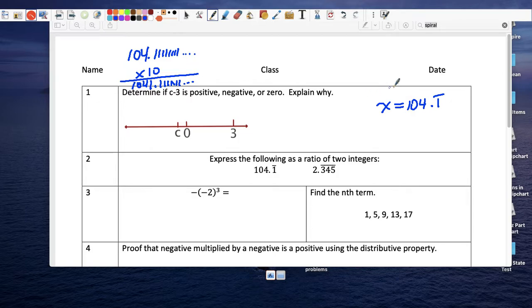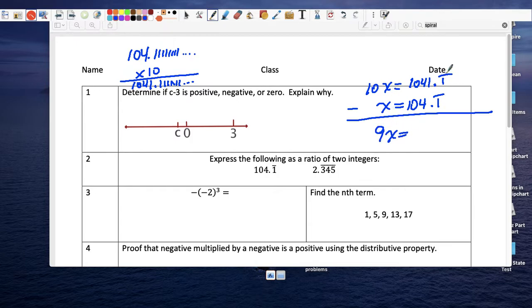We multiply both sides by 10. If I multiply x by 10, I get 10x. Just like I did right now, if I multiply 104.1 bar notation times 10, I get 1041.1 bar notation. What do we do now? We subtract both values. 10x minus x is 9x.